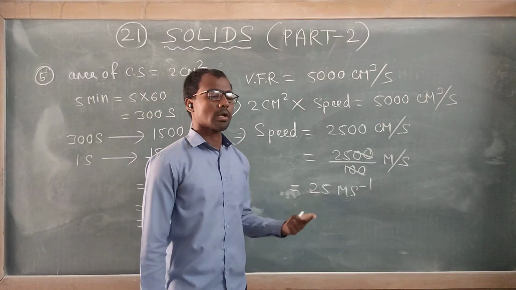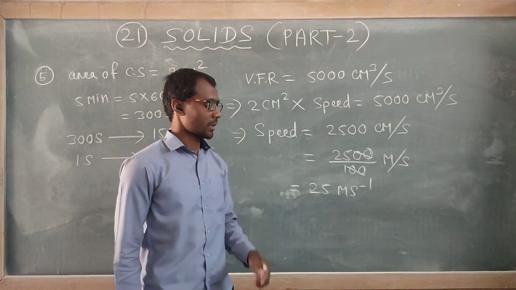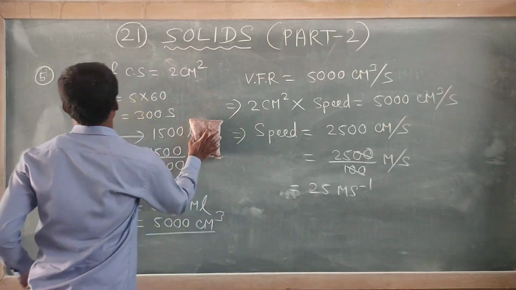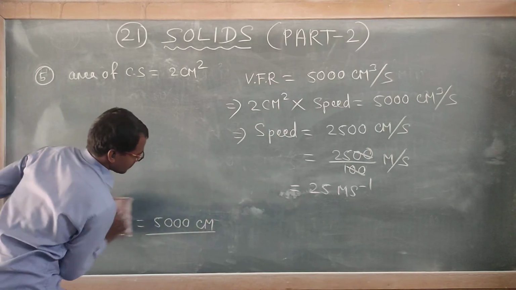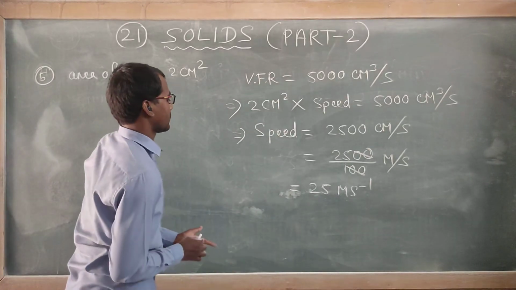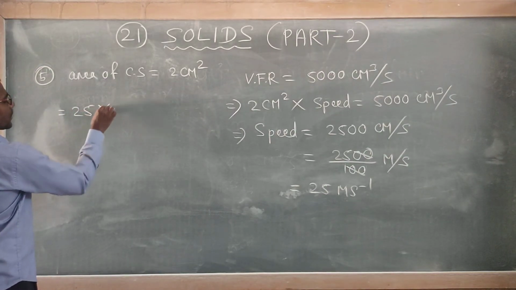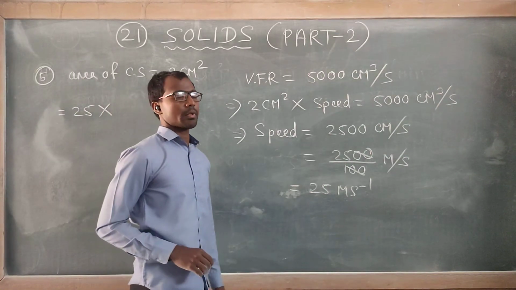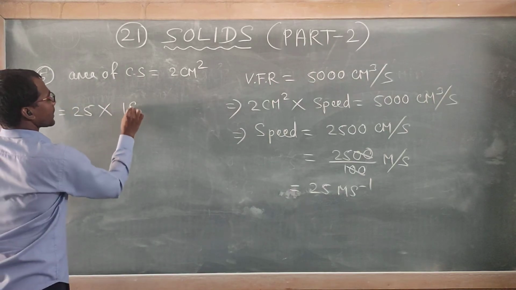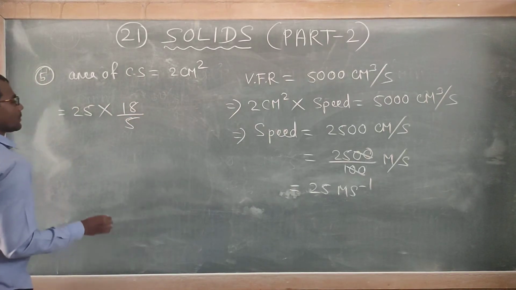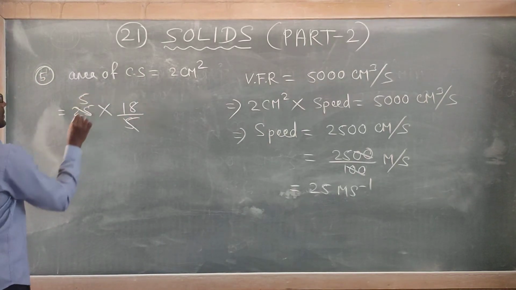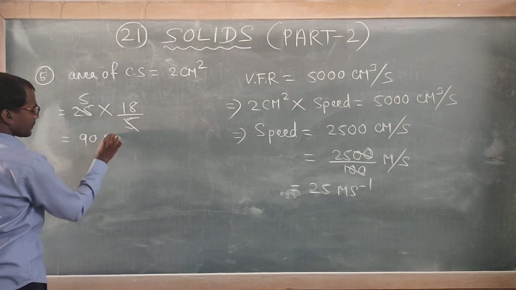If you want to convert to kilometer per hour also, you can do it. Okay, how? This 25 meter per second, if you want to convert to kilometer per hour, you have to multiply by 18 by 5. 5 5s are 25, 18 5s are 90.